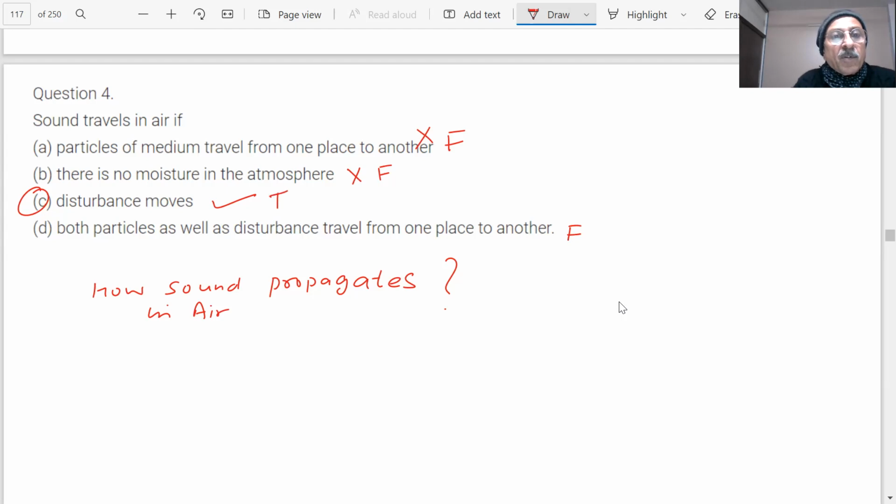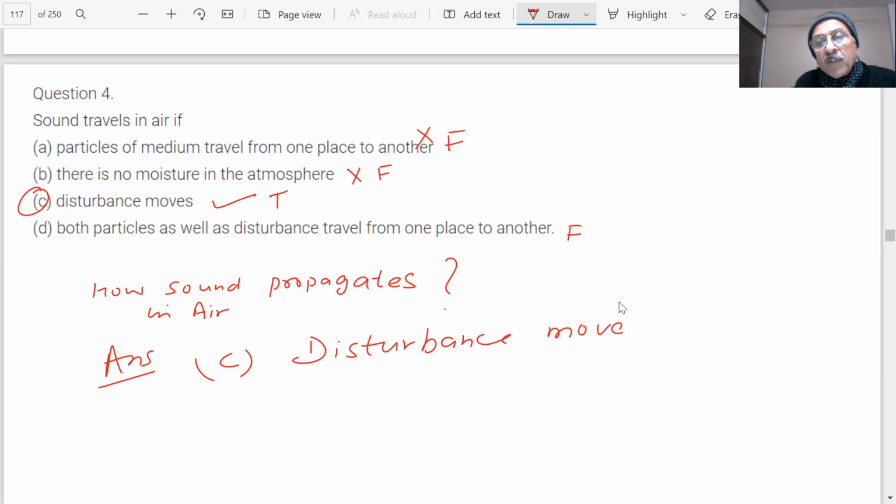This is true. So the answer is C. The disturbance moves. The wave moves, the energy is traveling, but particles do not move. Particles only vibrate about a mean position. This is the correct answer.